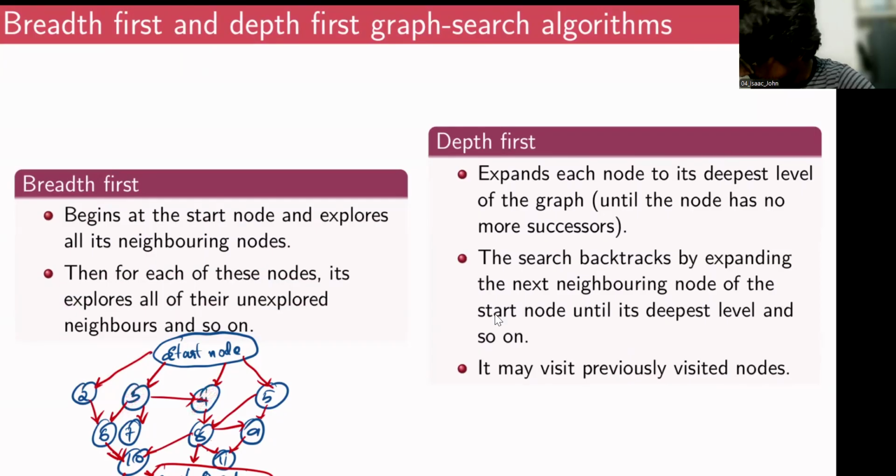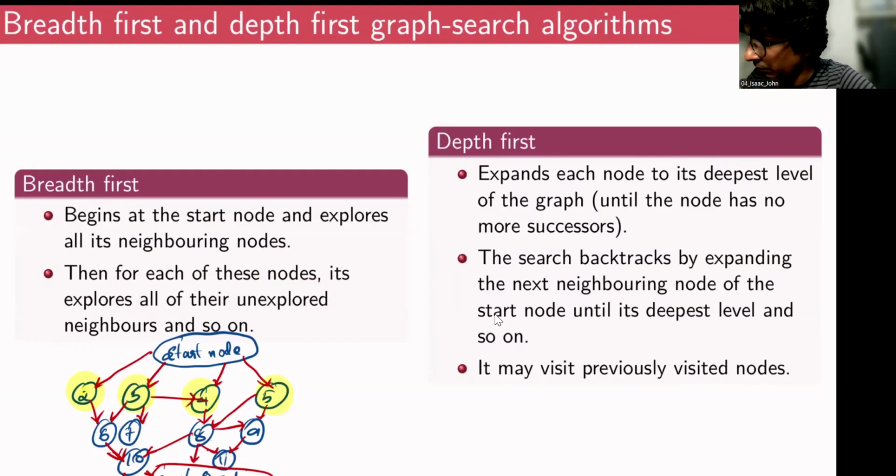Node 4, and this is node 3 actually. Nodes 2, 3, 4, and 5 are connected to the start node. So we'll first compute the cost for reaching these neighboring nodes. I'll label this. First we explore node 2, node 3, node 4, and node 5.